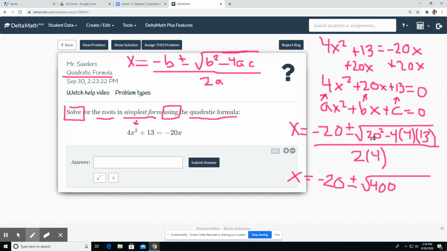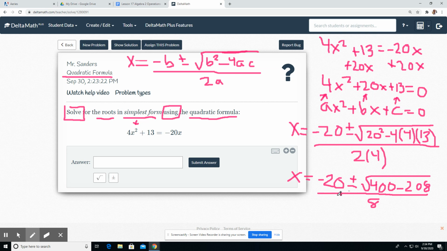Minus 4 times 4 is 16, times 13 is 208. And we have an 8 on the bottom for this one.